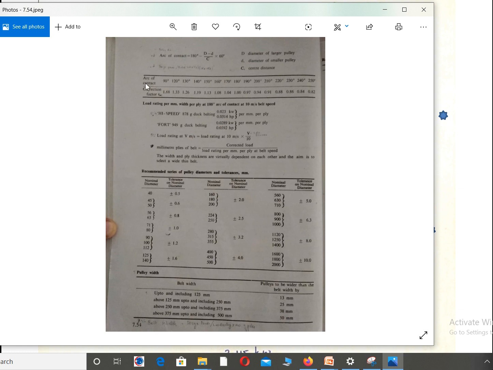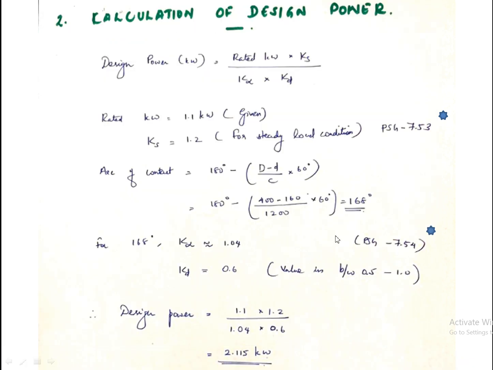Just below this you can see a table for this arc of contact value, with some correction factor values. Once you get the value, check in which region it is coming and select the value suitably. Now let us see what we have done. Here they have found the arc of contact value as 168 degree, and for 168 degree your K alpha value from the table is 1.04.